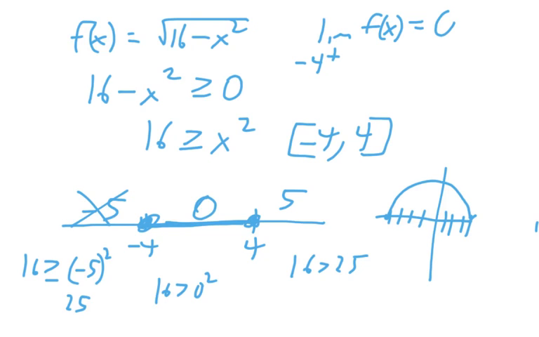And so since that turns out to be 0, and the limit as x approaches 4 from the left of f of x also turns out to equal 0, that means we can include these brackets. If they did not have a right-handed limit and a left-handed limit, then we would not include negative 4 and positive 4.